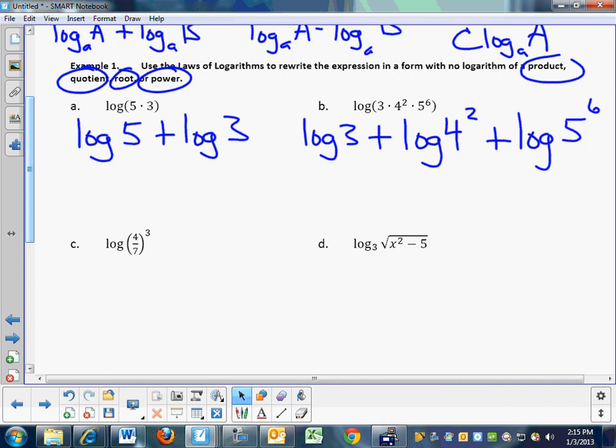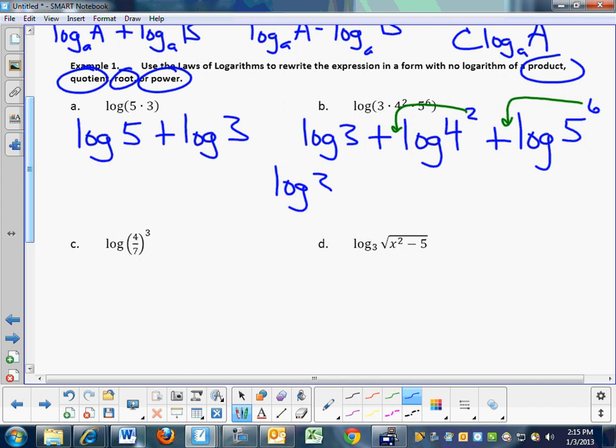So now that I've done that first step, now I can bring the exponents out front. And I now have the log of 3 plus 2 log of 4 plus 6 log of 5. So now you know, I don't have a product. I don't have a power, right? So I'm good.